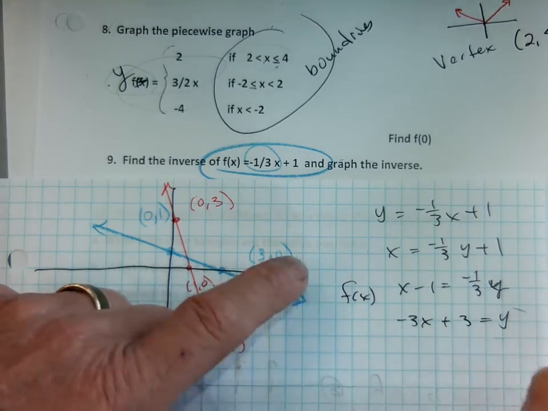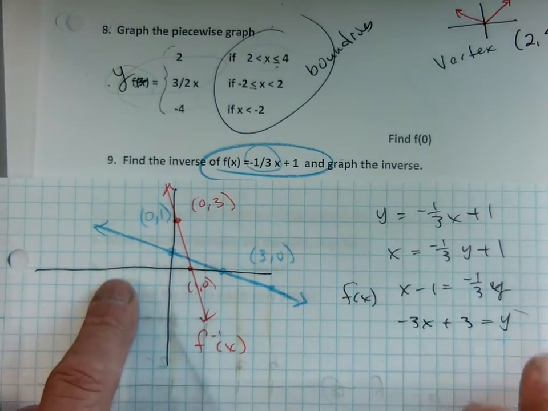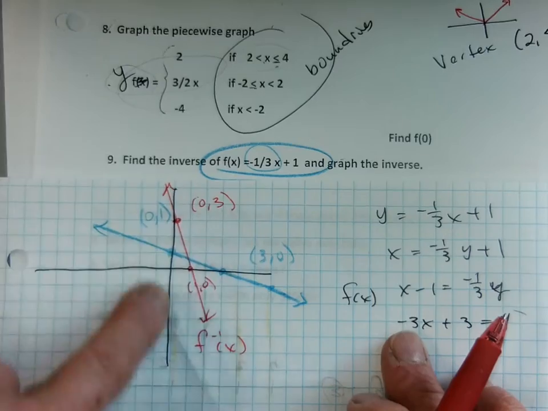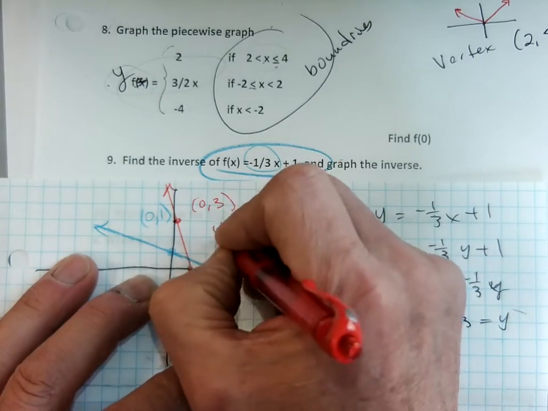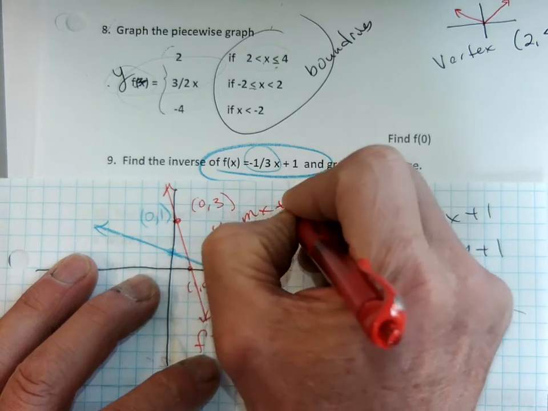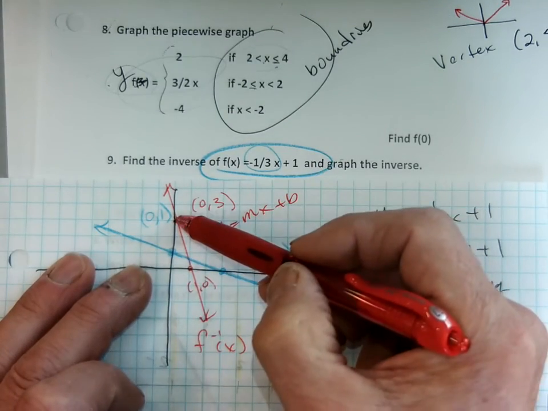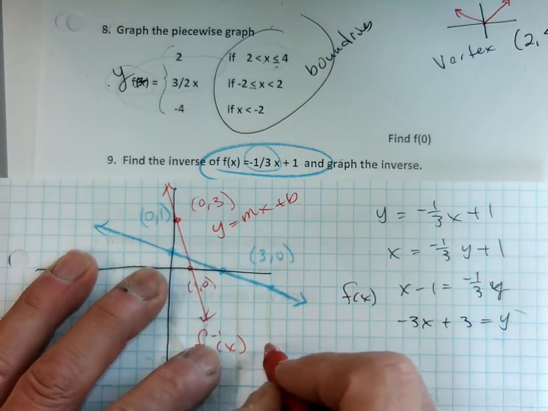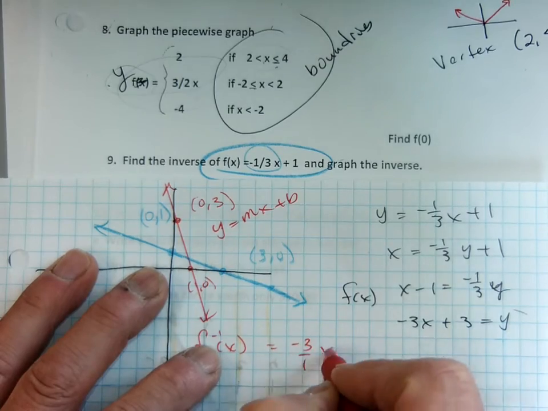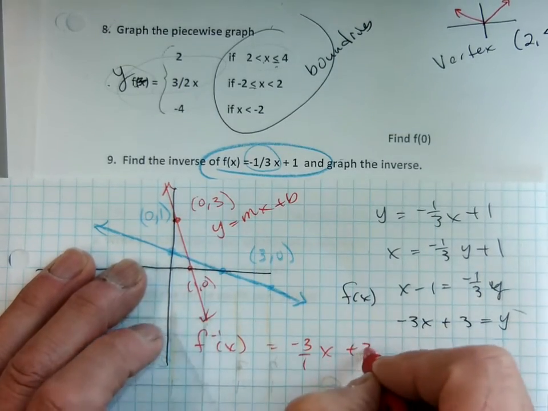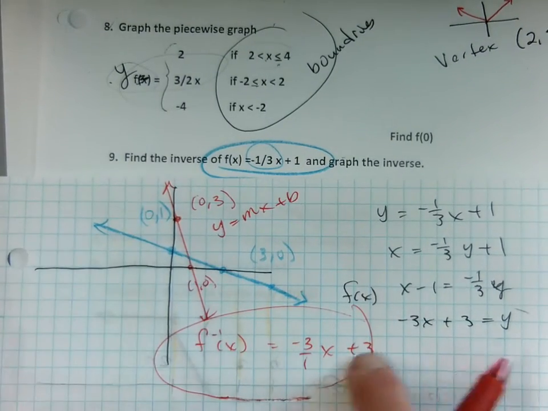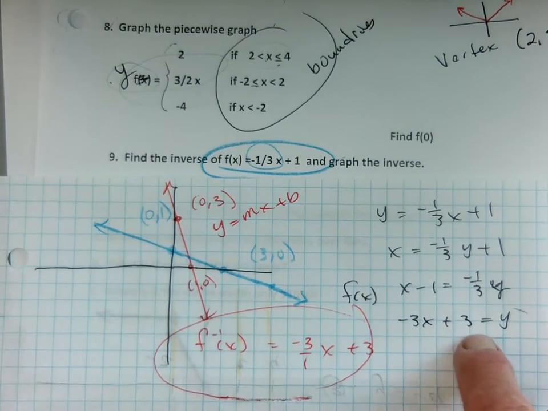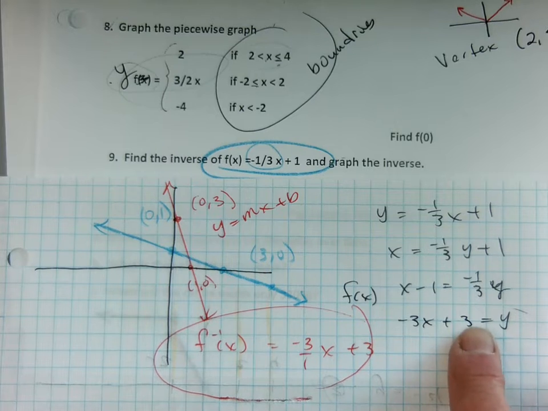That's one way to do it. Or since it's a straight line, we could use our y equals mx plus b. And I know the slope is down 3 over 1, and it has a y-intercept at 3. So I got the same answer twice, either by the graph I just drew or by switching the variables and solving for y, okay? Both methods work.